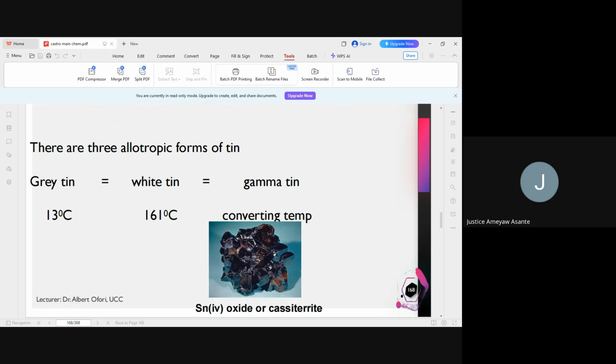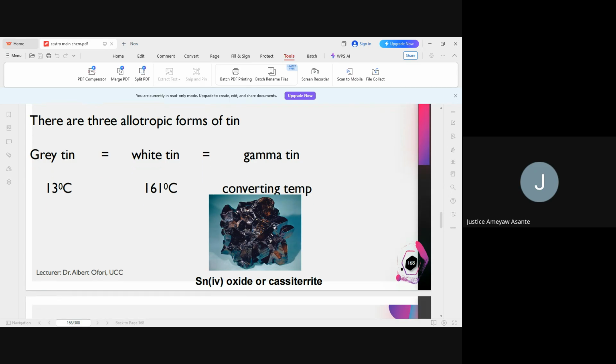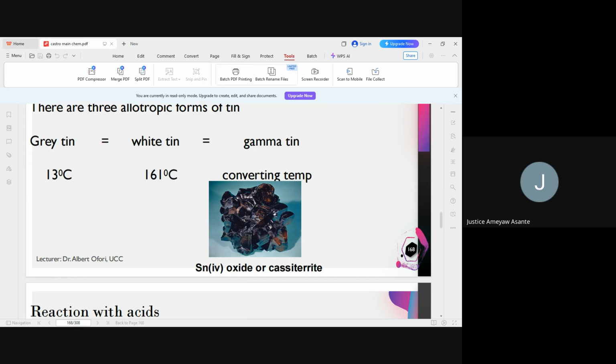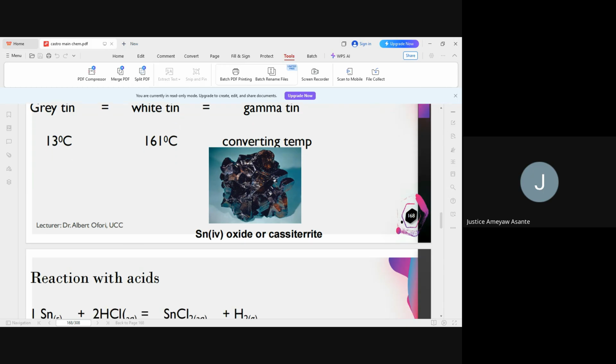There are 3 allotropic forms of tin. These are gray tin, white tin, and gamma tin. Gray tin is stable below 13 degrees Celsius, white tin up to 160 degrees Celsius, and gamma tin is above the converting temperature.